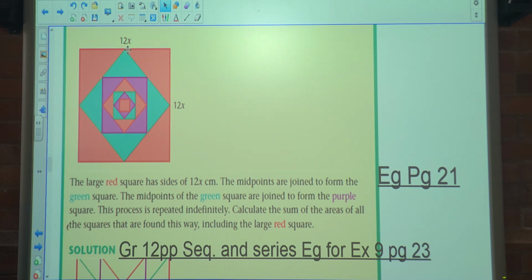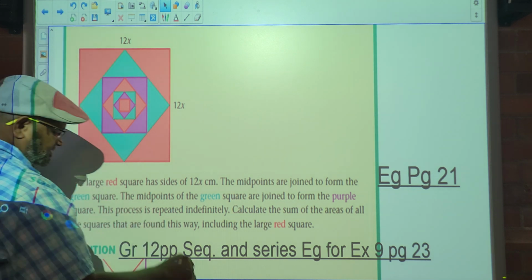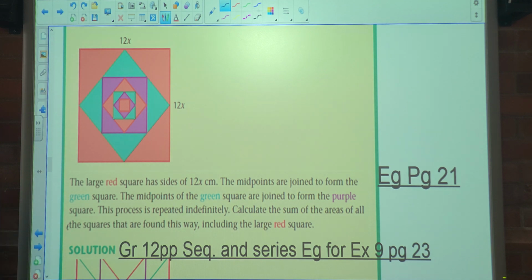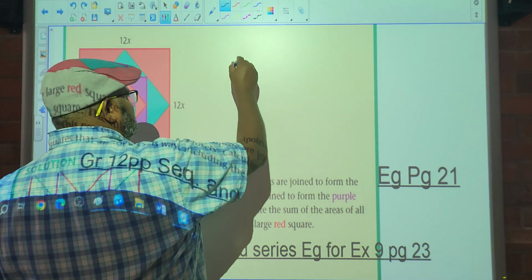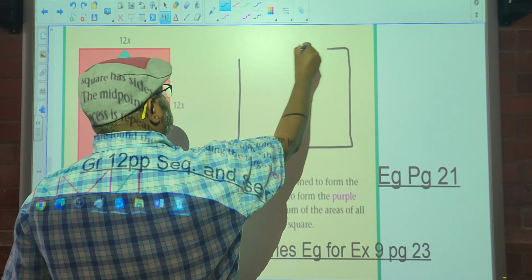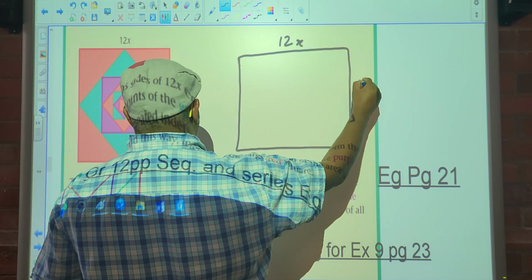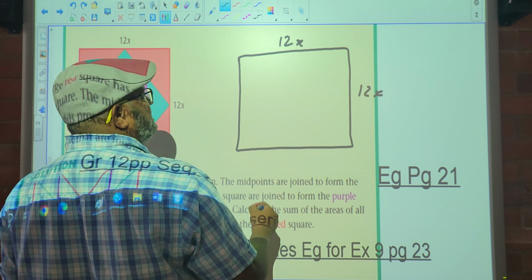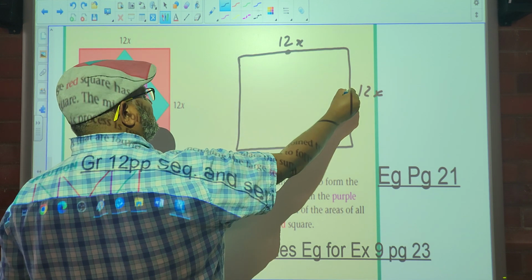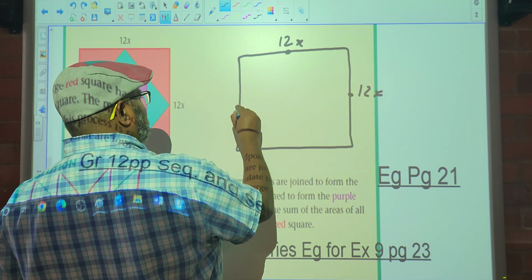The midpoints are joined to form the green square. So a square, what do we know about this square? All sides are equal, not so? So there we have 12x, and there of course we're going to have 12x as well. Then we are told the midpoints are joined to form the green square.